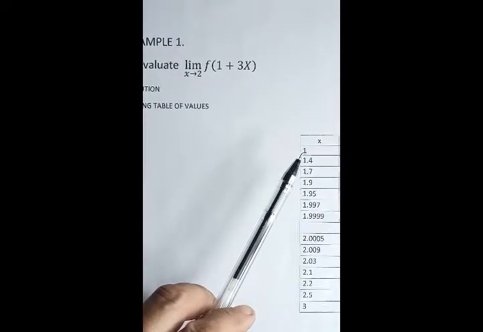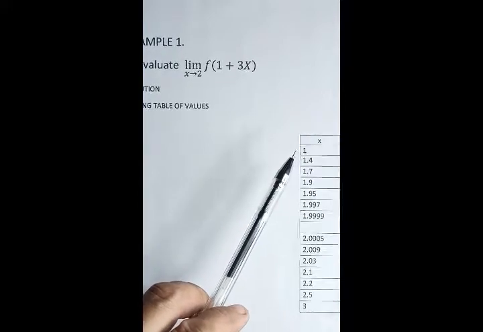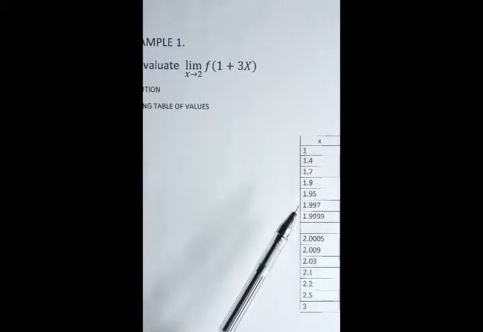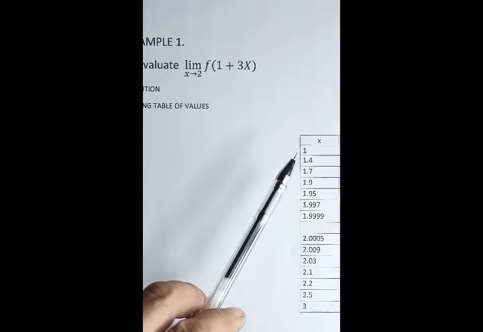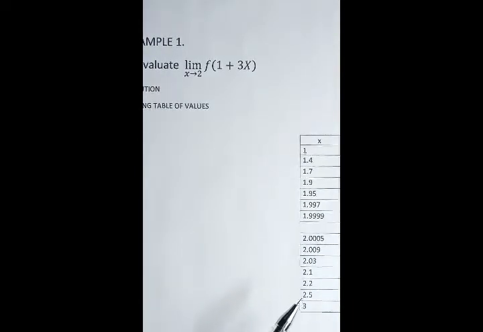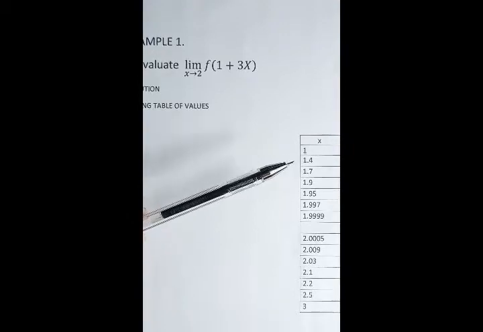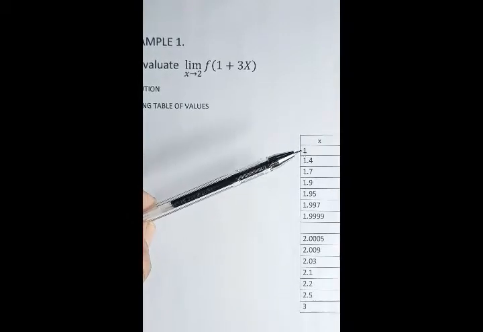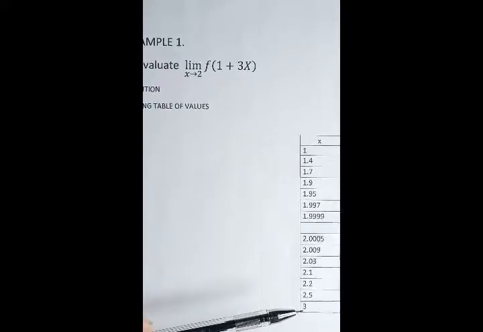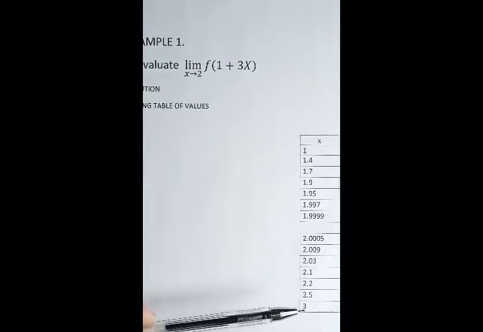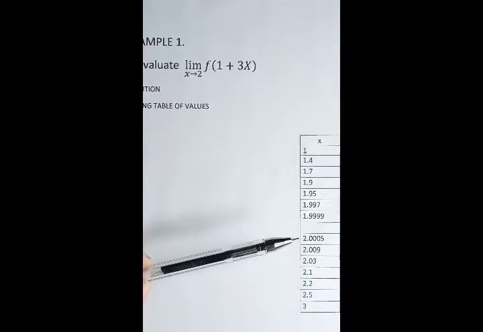So our values of x approach 2 from less than 2, and from the other side, greater than 2, also approaching 2. We choose values less than 2 approaching 2, and values more than 2, from 3 toward 2.